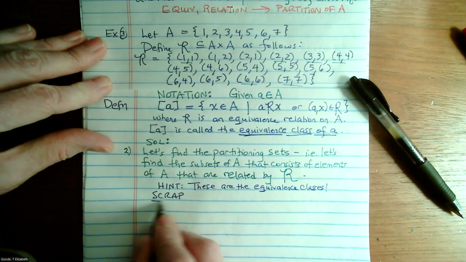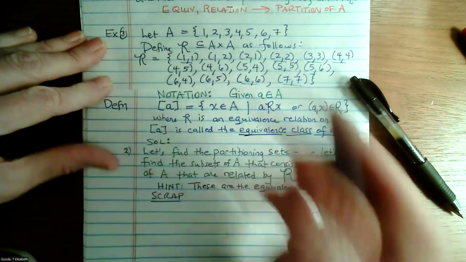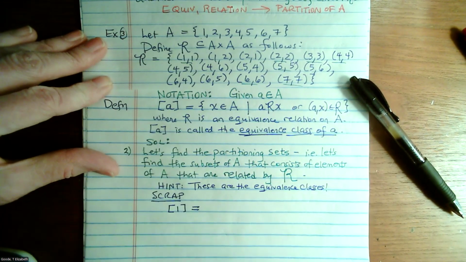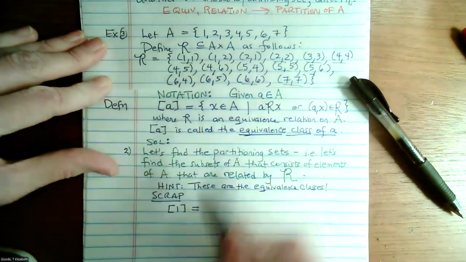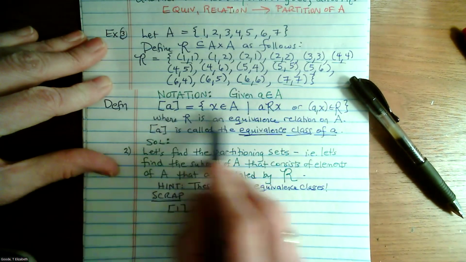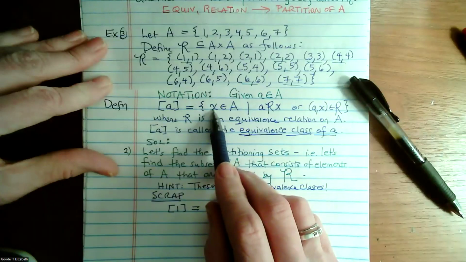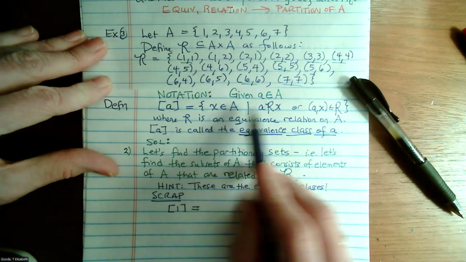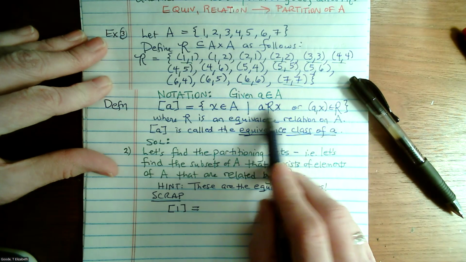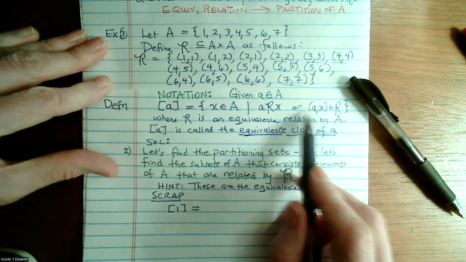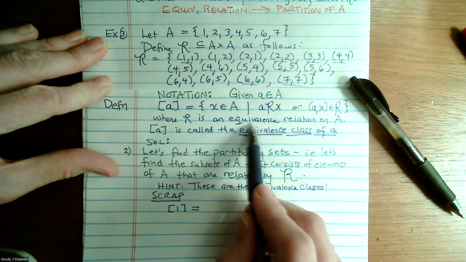So let's think about the first element of A. It's 1. So we can put 1 in square brackets and try to think about all the elements of A that are related to 1, because by definition, the equivalence class of 1 is all the elements x in A that are related to 1. You know, 1 is R to x, or (1, x) is in R. But of course, R is an equivalence relation.